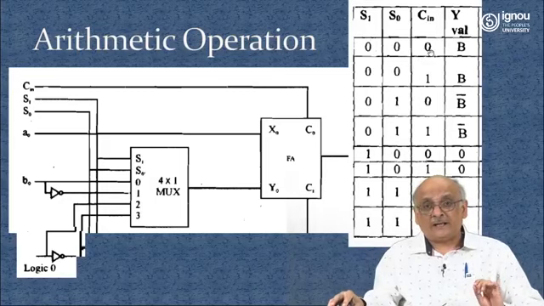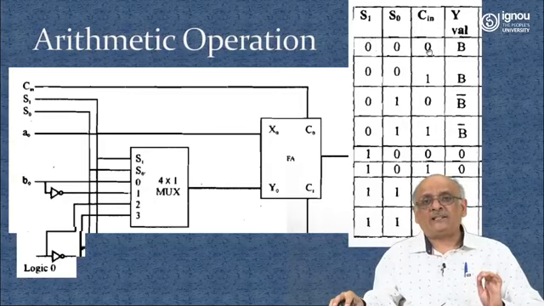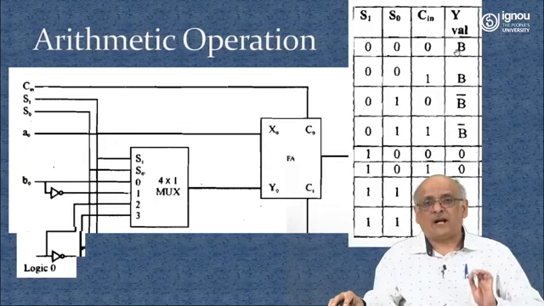But technically speaking, when Cin is 0, what is the micro operation being simulated by this particular unit? Simply A plus B. That means if register R1 is inputting A0 and R2 is inputting B0, then it is simply the addition of register R1 with register R2.